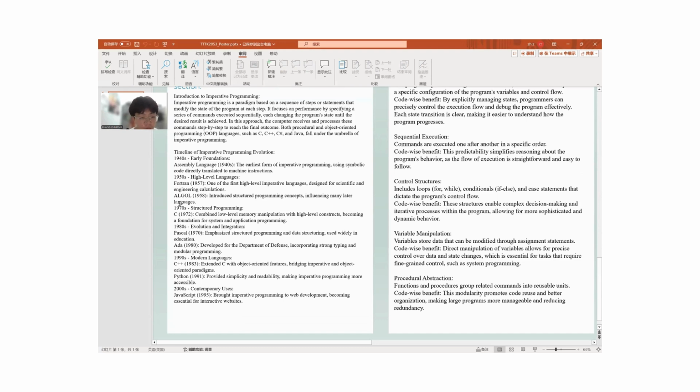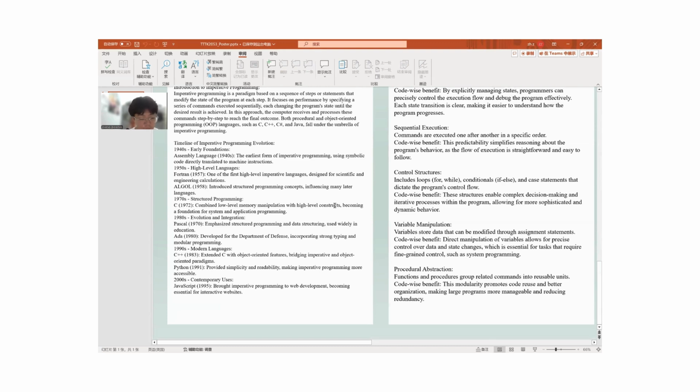Fortran, Algol. 1970s, structured programming. C combined low-level memory manipulation with high-level constructs, becoming a foundation for system and application programming. 1980s, evolution and integration. Pascal.